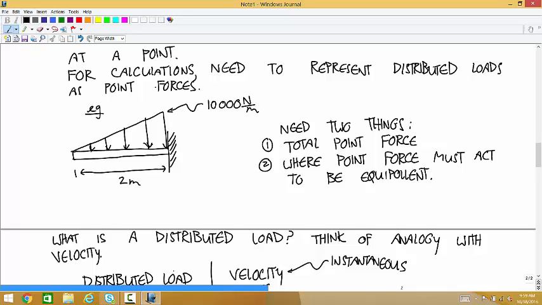At every point, there's a finite distributed load. But if you want to know how much force is applied at this point here, it's infinitesimal. You can't get any force without having a distributed load applied over an interval. That's the heart of the analogy between velocity and distributed load.